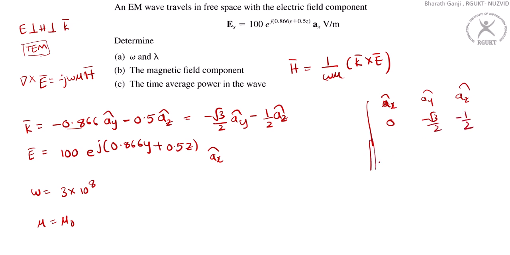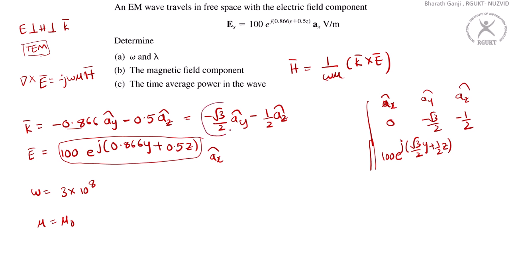There is only an x component for the electric field, which is 100 times e power j (root 3 by 2 y plus 1 by 2 z). So that is your x component. You don't write ax again. These are your component values.